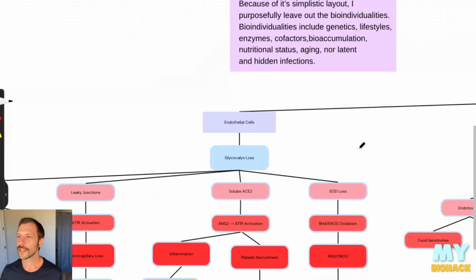So the endothelial cells, they make up all of your blood vessels of your entire body. You have things that go from your arterioles or your arteries, which get oxygen from your lungs and pump through your heart. And they bring those to arterioles, and those arterioles bring those to the capillaries, and those capillaries go to microcapillaries.